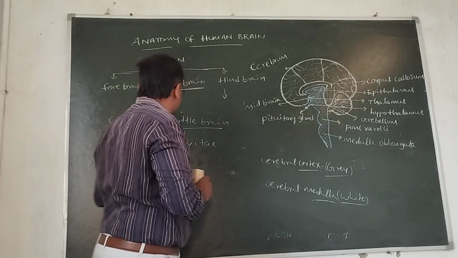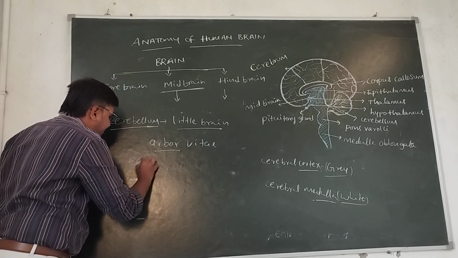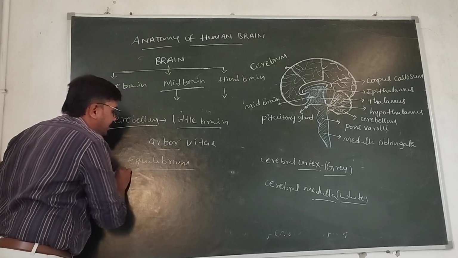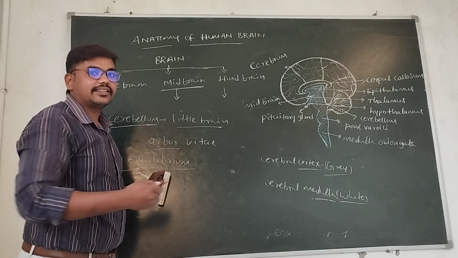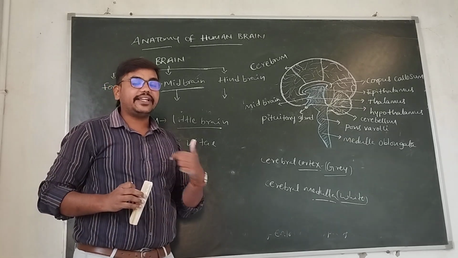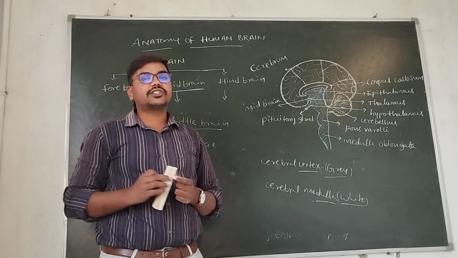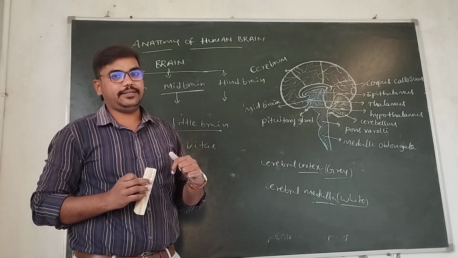The main function of the cerebellum is the maintenance of equilibrium. Equilibrium is a balancing state. For example, our earth has gravity, but we are not pulled down by it; we maintain a stiff posture. Why? Because the cerebellum balances our body.